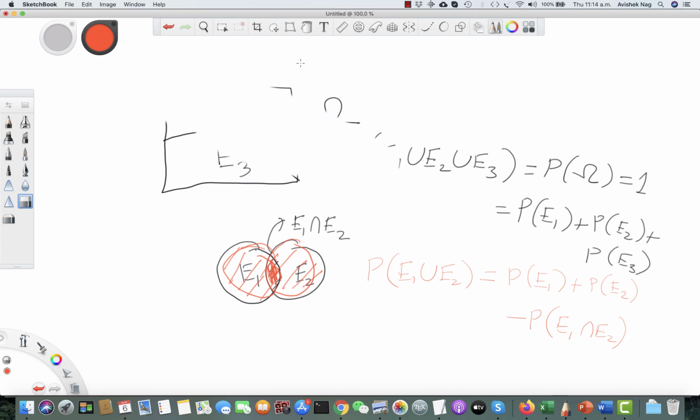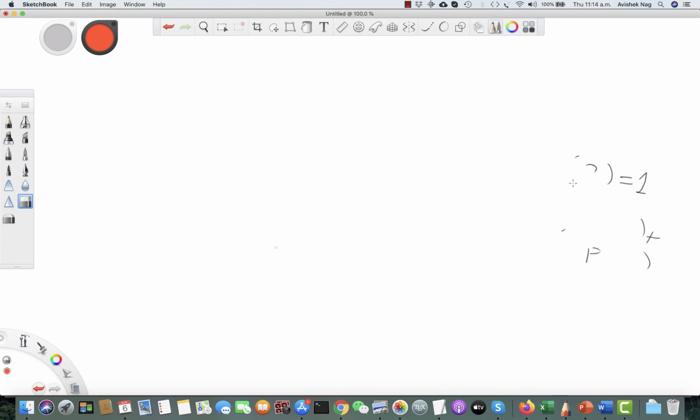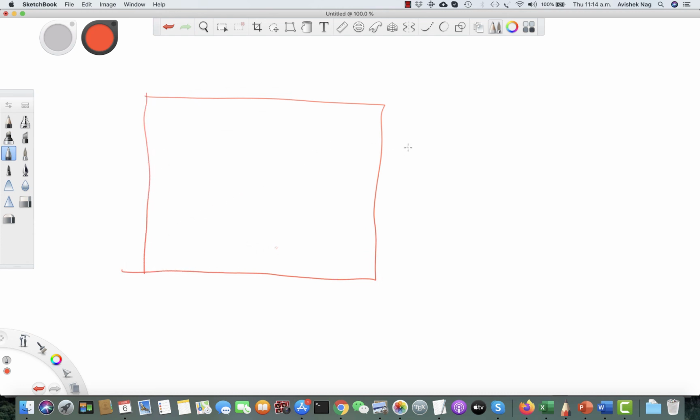Let me just erase this space for you, and let me demonstrate the equation that you just saw. Let's say I have a sample space, my entire sample space, sample space omega, and let me partition this sample space into some events.